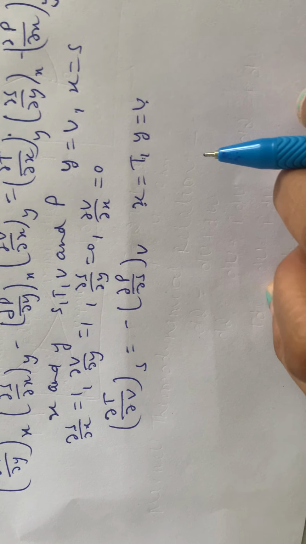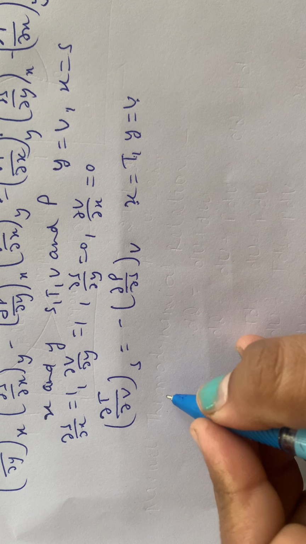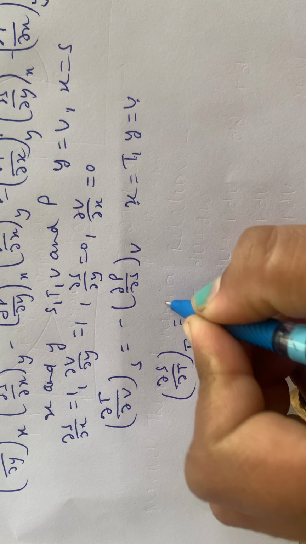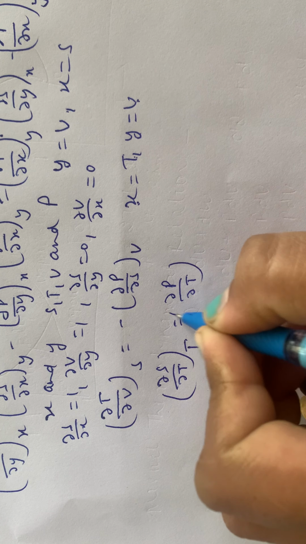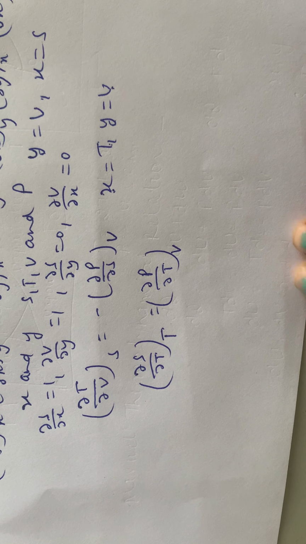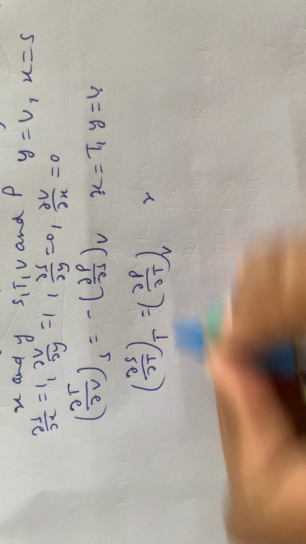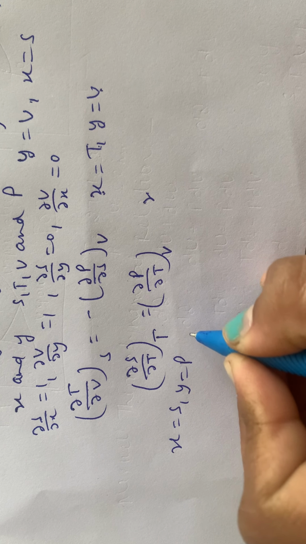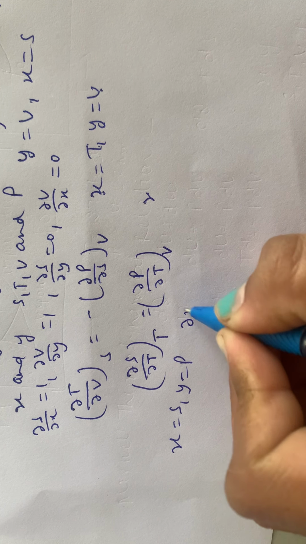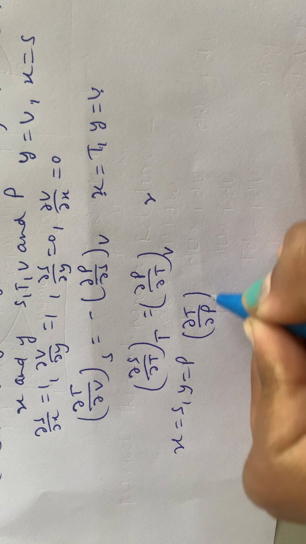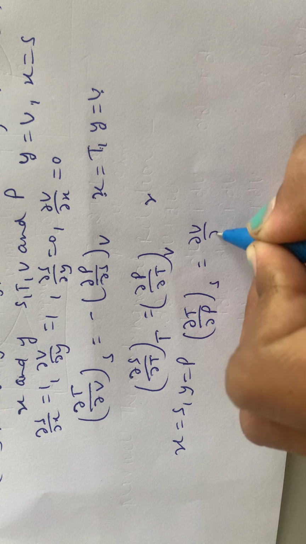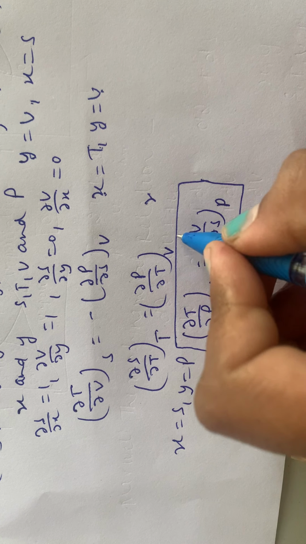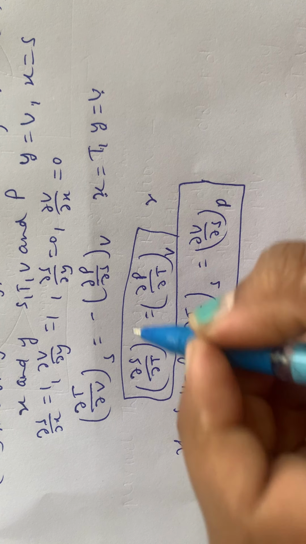Substituting these values in the relation, we find ∂S/∂V at T equals ∂P/∂T at V. In the same way, if we put X equals S, Y equals P, we find the Maxwell equation ∂T/∂P at S equals ∂V/∂S at P. This is the third relation, this is the second relation.